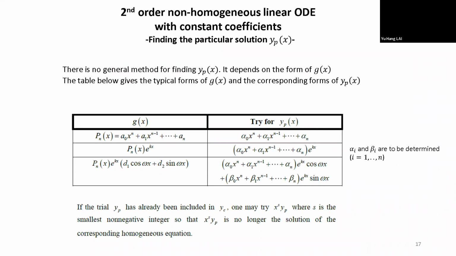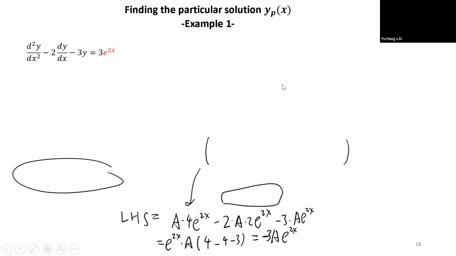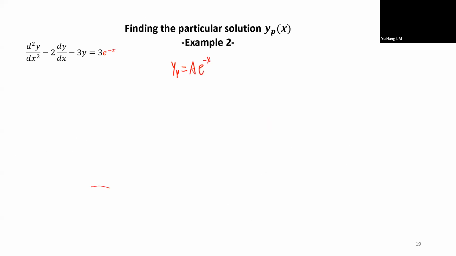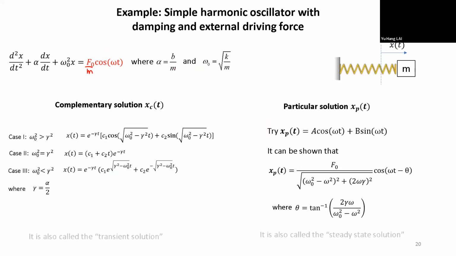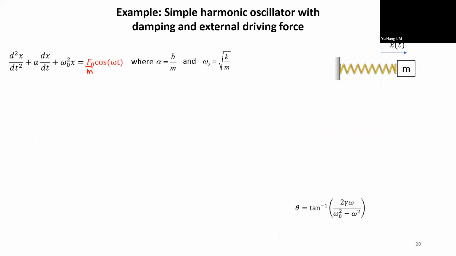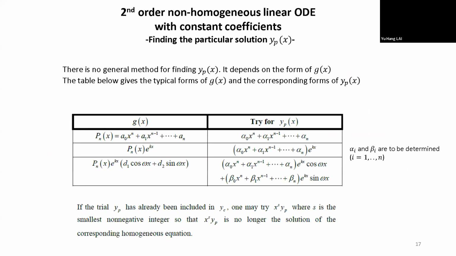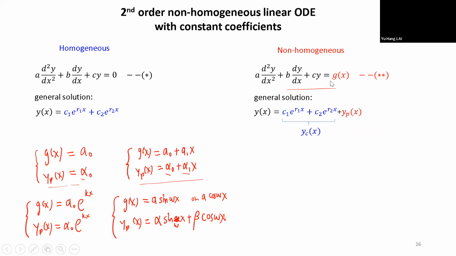So last time we have done some problems on the second order non-homogeneous linear ODE, right? The key is that when you see a second order ODE where the right hand side is non-zero, all you need to do is to find two parts of the solution and then sum them up.